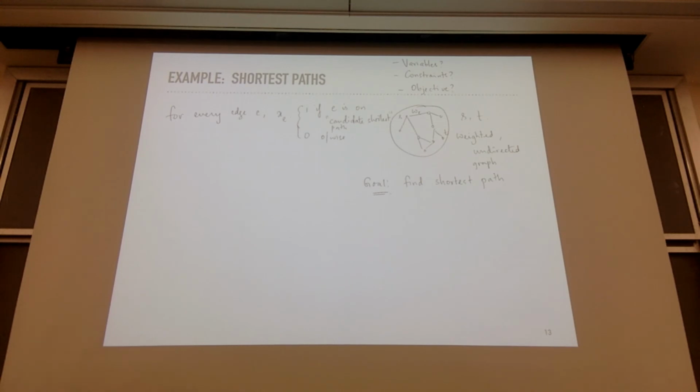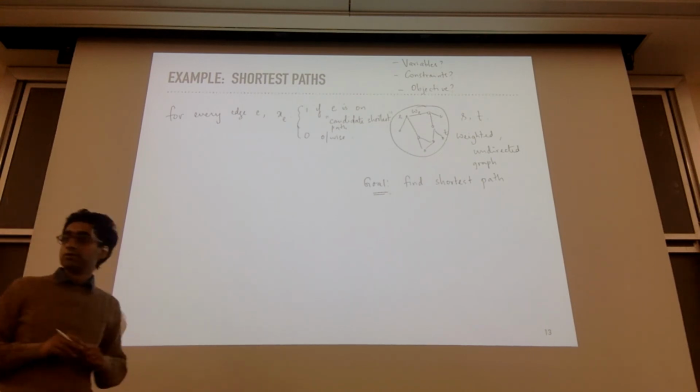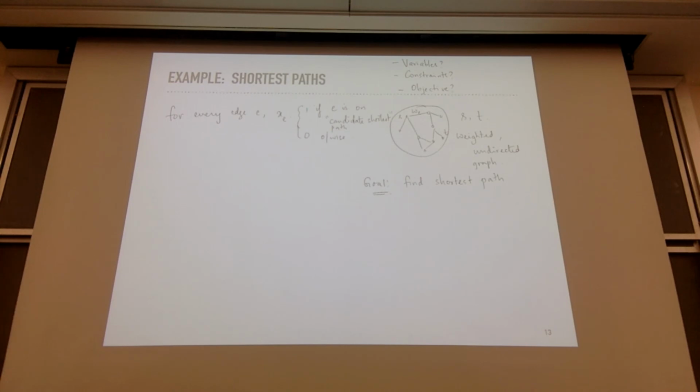This could be a valid way of writing shortest path, so these could be the candidate set of variables.